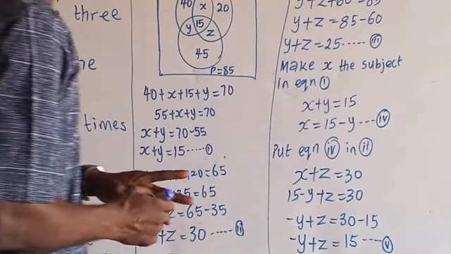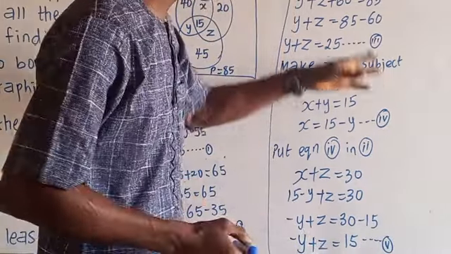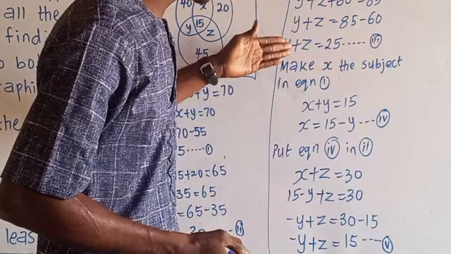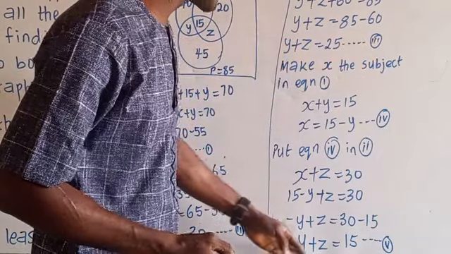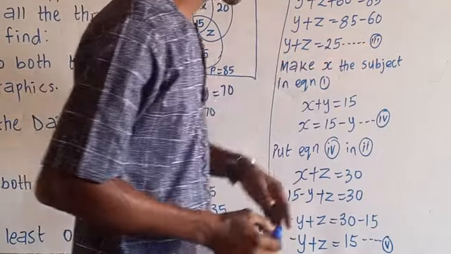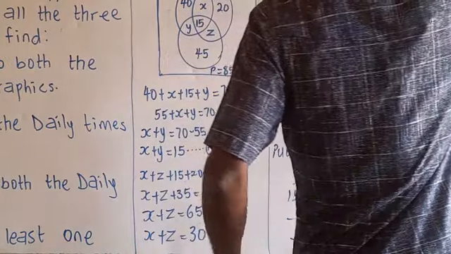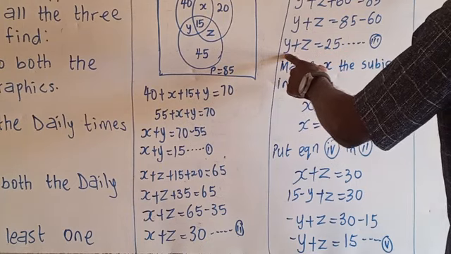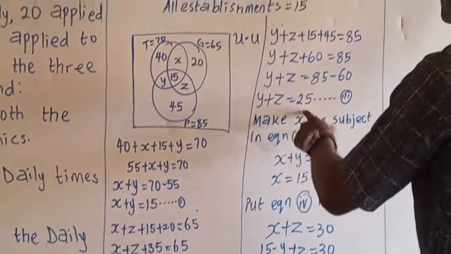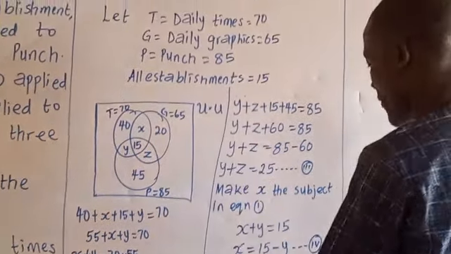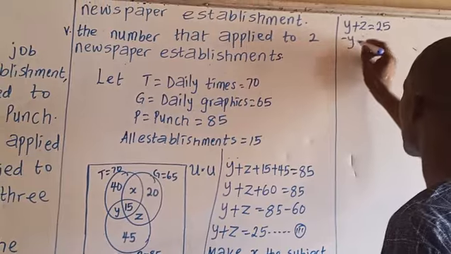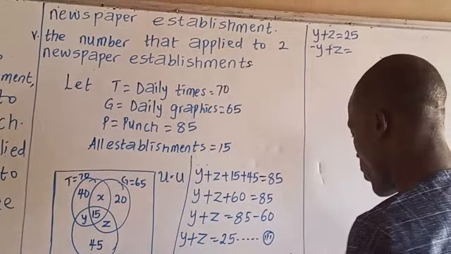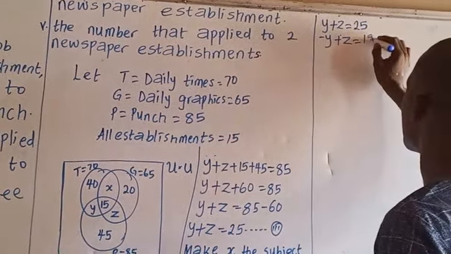Now looking at my equation 5 and equation 3 closely, I have similarity. I have y and z here, y and z there. So let us solve equation 3 and 5 at the same time. Here I have y plus z equals 25, and the other one, minus y plus z equals 15.